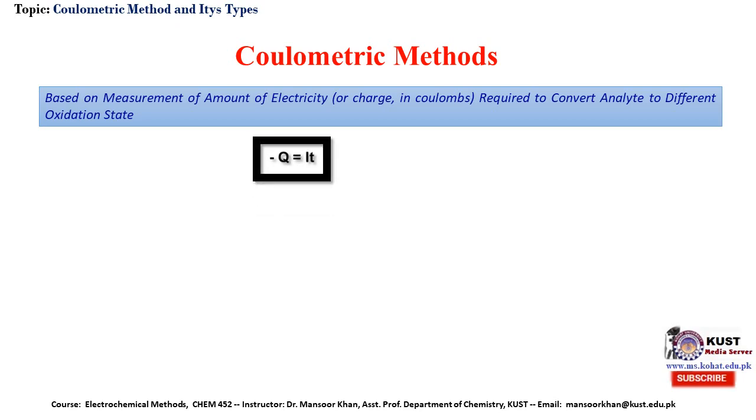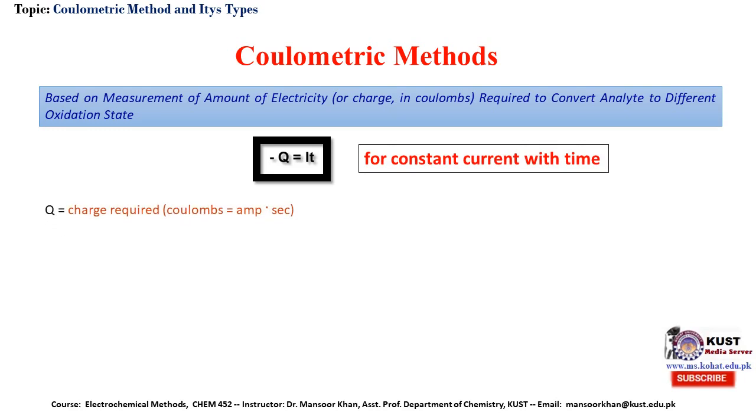This is the mathematical equation, which is Q equals I times T. This equation is basically used. So charge, current and time are important in colorimetric methods.